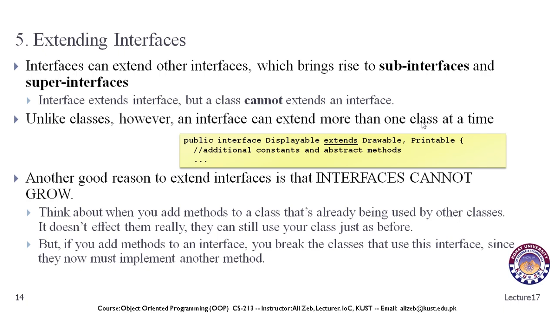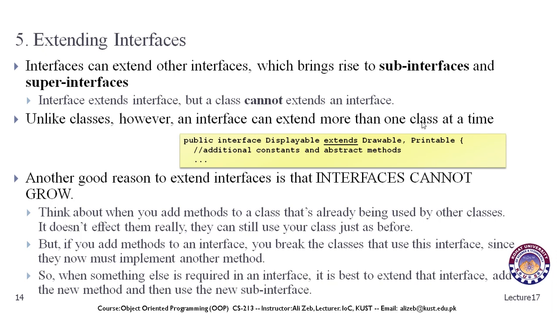For example, you have maybe 1,000 classes that are implementing an interface, and you add another method to that interface. Now you will need to change all of those 1,000 classes in order to implement that one method that has just been added to your interface, and this can be a problem.